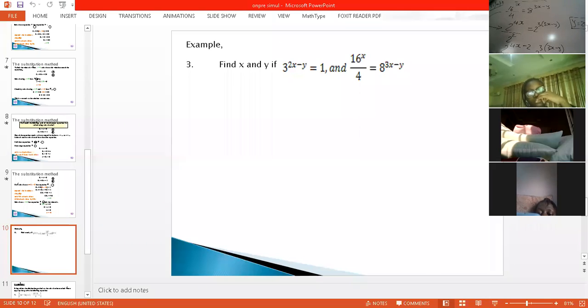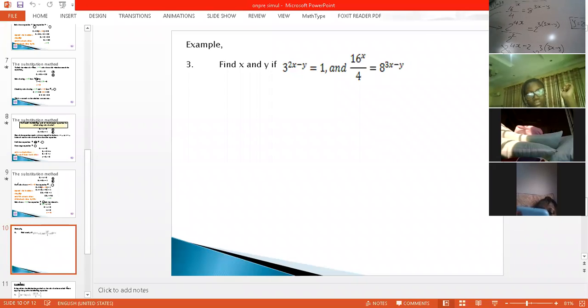Now again, you consider the power, you do away with the base. Once you do that, you will have 4x minus 2 equals 3 into 3x minus y. That's been linearized. Once you have this, we have it from earlier that y is equals to 2x.